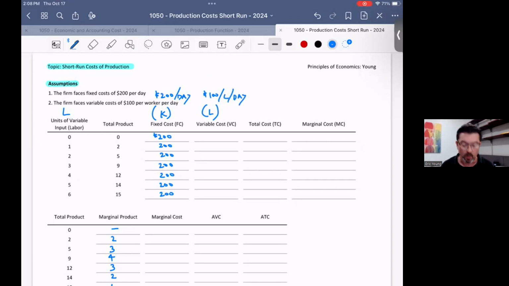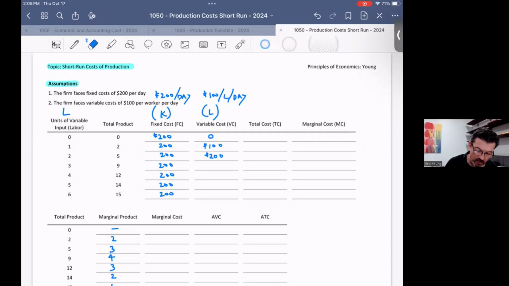So if we multiply 100 times this column, we'll get our variable cost. We hire 0 workers, 0 times 100, 0. No workers, no variable cost. If we hire 1 worker, 1 worker times 100 is 100. We hire 2 workers, 200. And you get the idea.